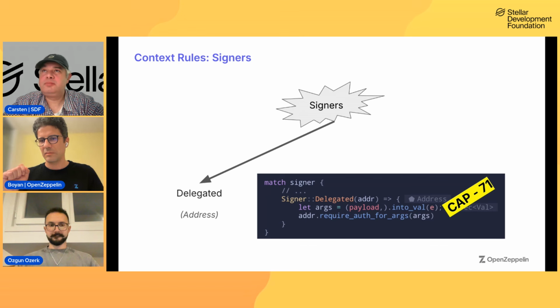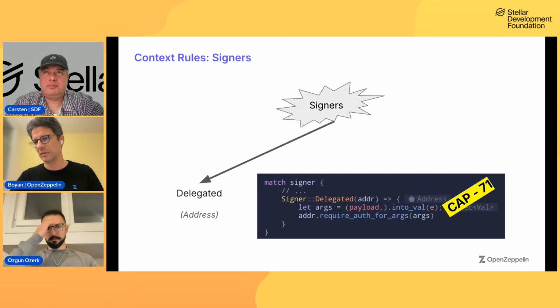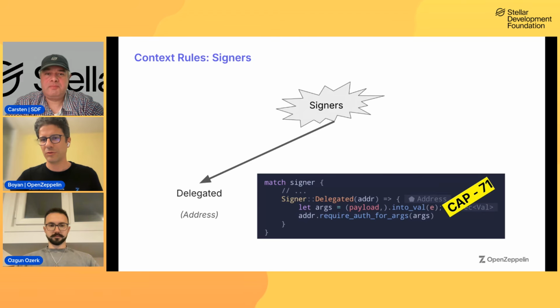Just mentioning it, and that the CAP-71, that hopefully gets included in some of the future protocol updates, will resolve these issues. So very soon I hope it will be a non-issue.